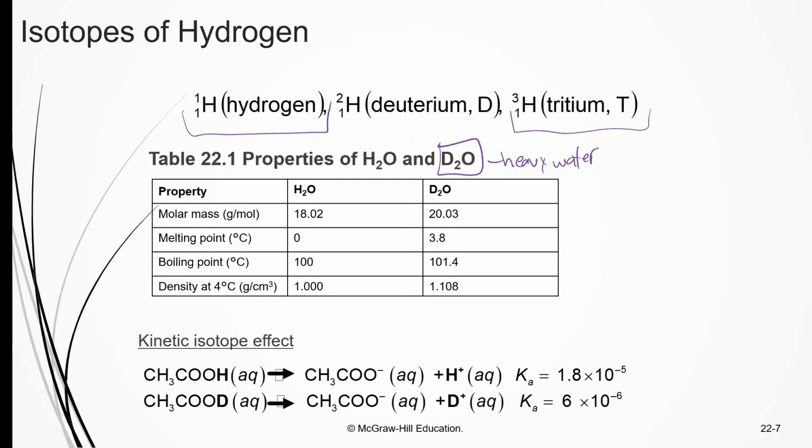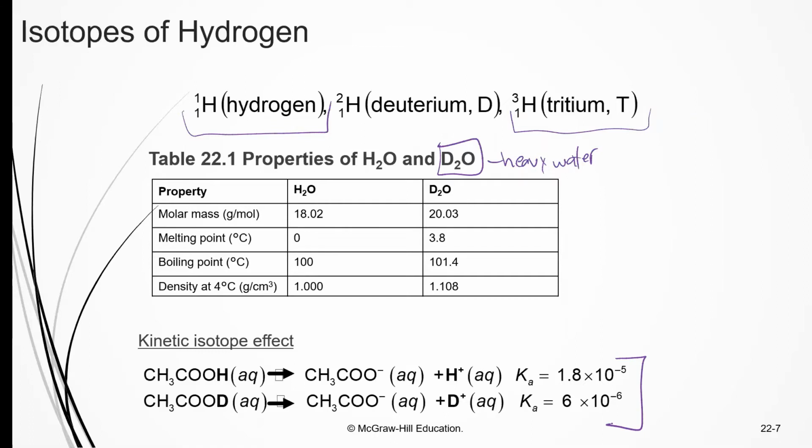It can form stronger bonds, and so it can lead to slightly different chemistries. You can even see it down here in terms of its rate impact. It adjusts the rate of a reaction just a little bit, so it's a little bit slower to deprotonate compared with our other ones.